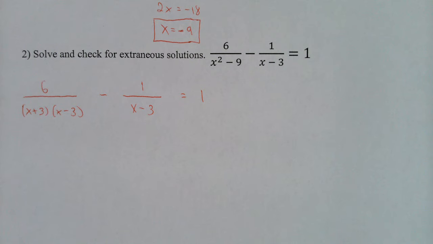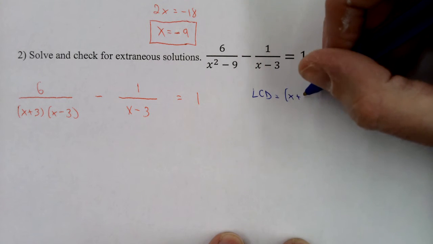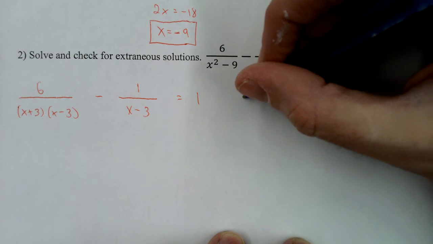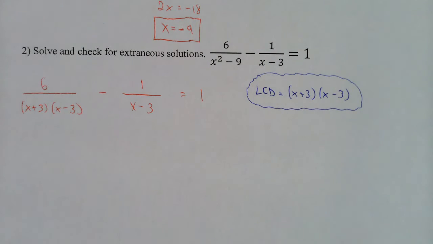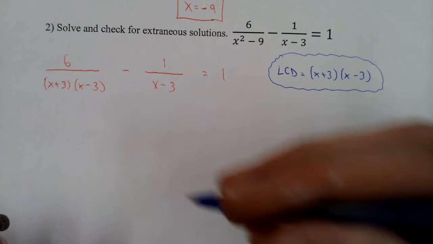Okay, this one has an LCD of x plus 3 times x minus 3. So what I do is I multiply every term by that LCD. I'll do that in blue again. Okay, so multiply every term by the LCD.